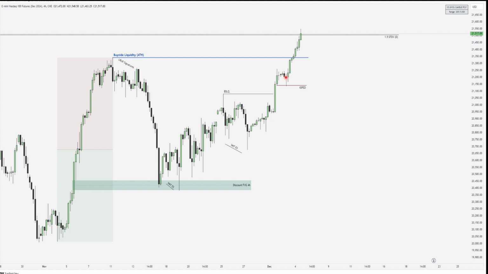Notice how the bodies stay inside of the upper half, upper quadrant really, of this up close candle. That's a nice signature I'm always looking for when I'm trading a market maker buy model, in this case, for price to respect that previous area of accumulation or distribution with the bodies, which happened here.